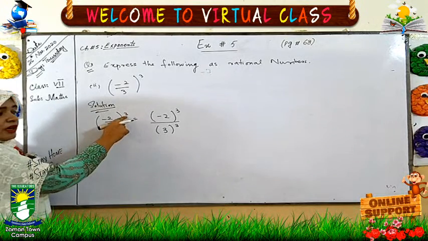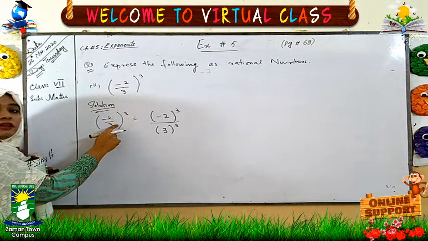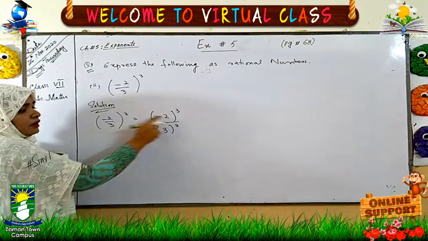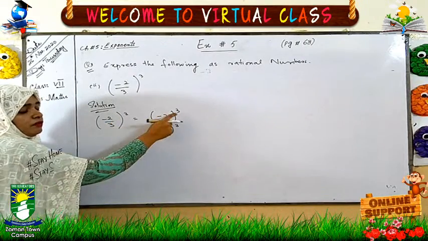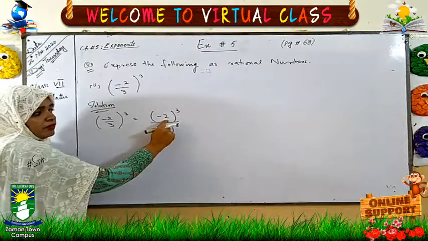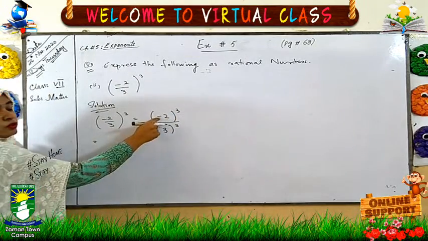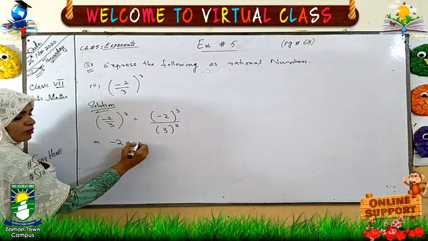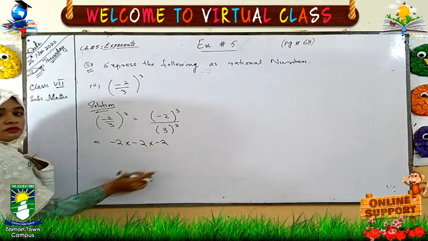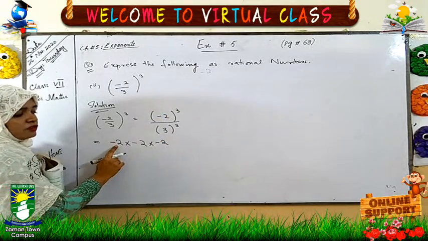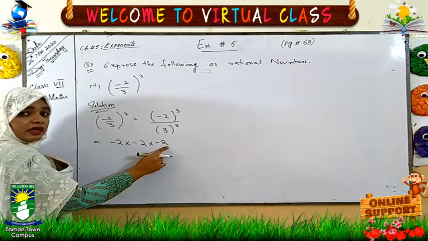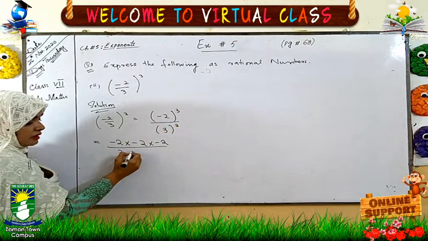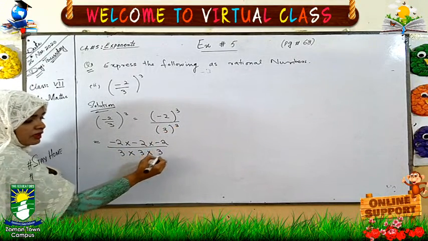Minus 2 raised to power 3 means we multiply minus 2 by minus 2 by minus 2, three times. Then 3 power 3 means 3 multiplied by 3 multiplied by 3.